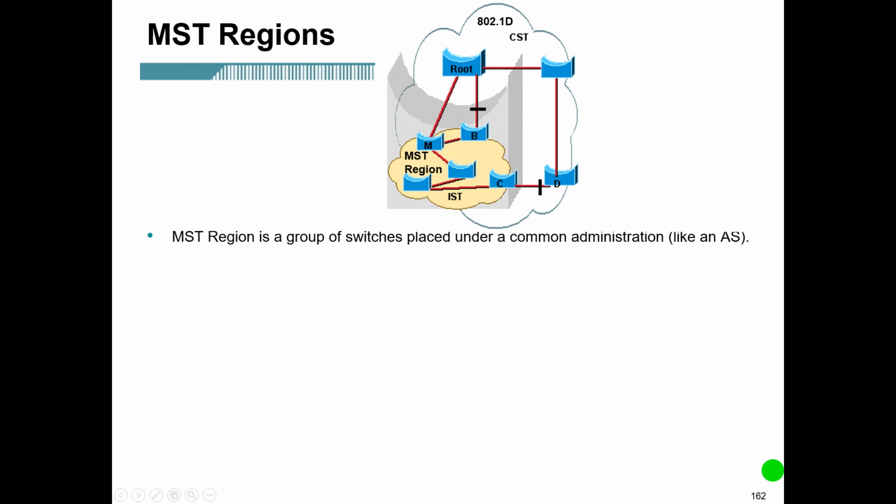Those attributes are an alphanumeric configuration name, 32 bytes; a configuration revision number, 2 bytes; and a 4096-element table that associates each of the potential 4096 VLANs supported on the chassis of a given interface.